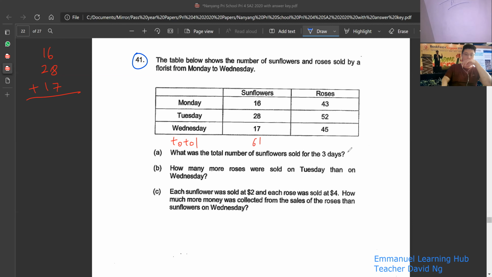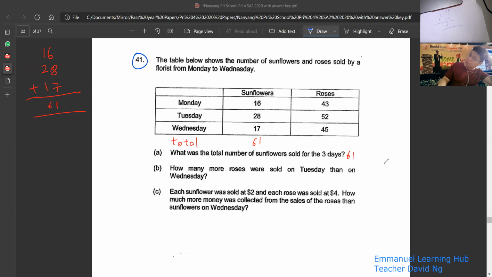How many more roses were sold on Tuesday than on Wednesday? What must you do? For B, what must you do? They're comparing which one, roses or sunflowers?